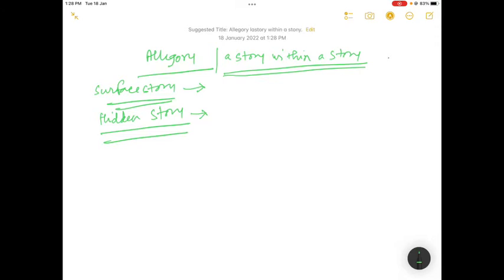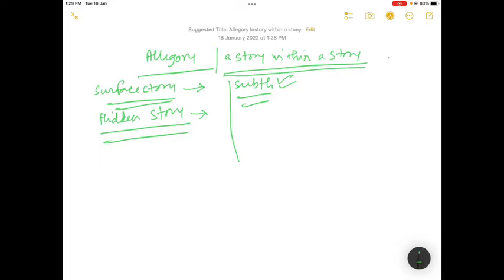But the allegorical meaning can be that this is a war between two countries. It's something which is very obvious. But generally, allegories are quite subtle. You have to derive the meaning out of that.